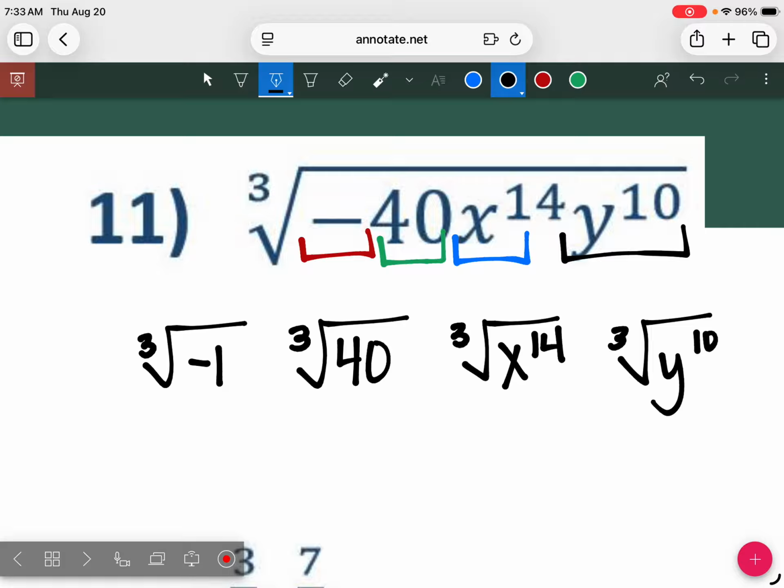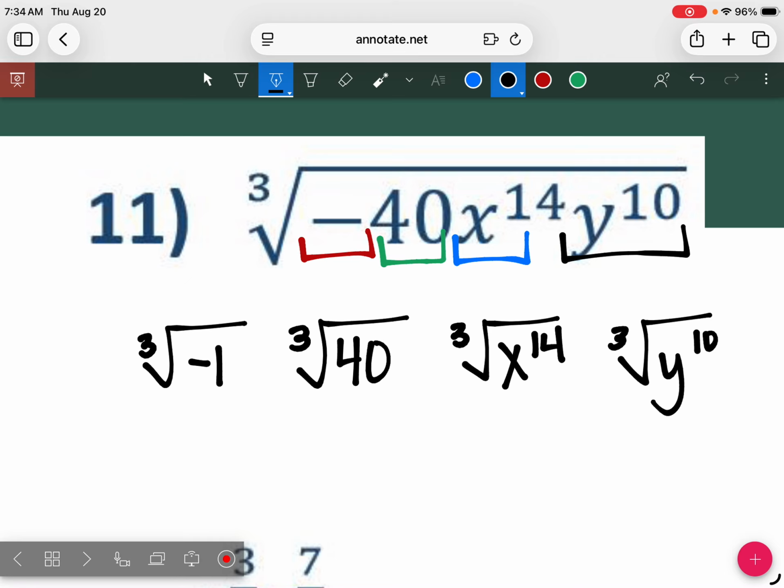So the index is 3. Who remembers from yesterday? When we have an odd index, and you may need to flip back in your notes to yesterday, when this number in the elbow is odd, do I leave it or do I take it out? Take it out.